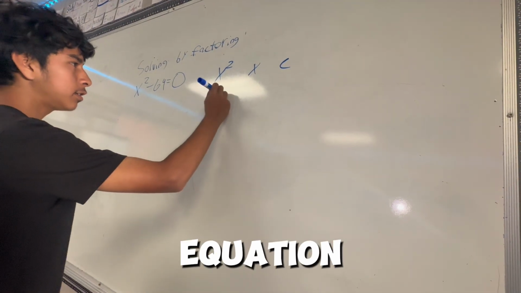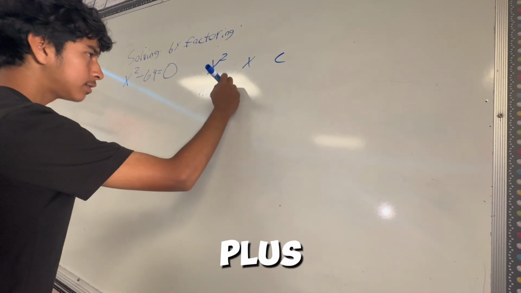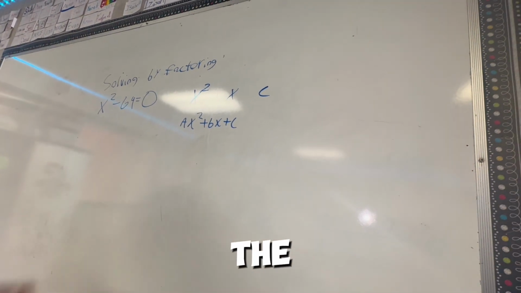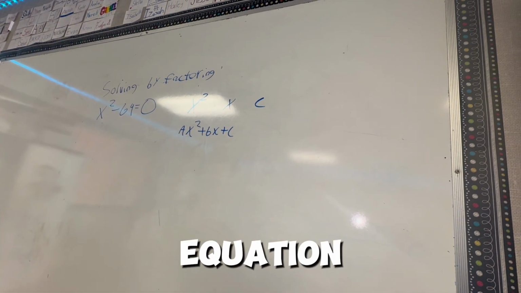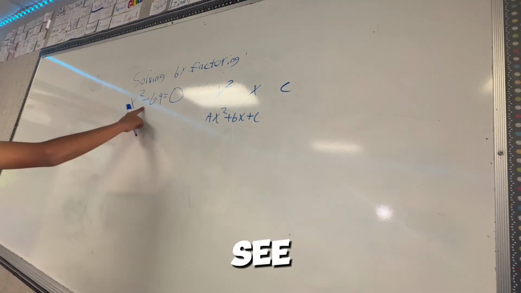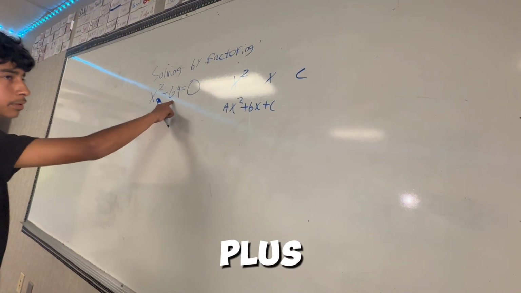Because when you have an equation, it's ax squared plus bx plus c, right? That's the quadratic equation. So if there's no b term, as you can see, it goes ax squared and then plus c.